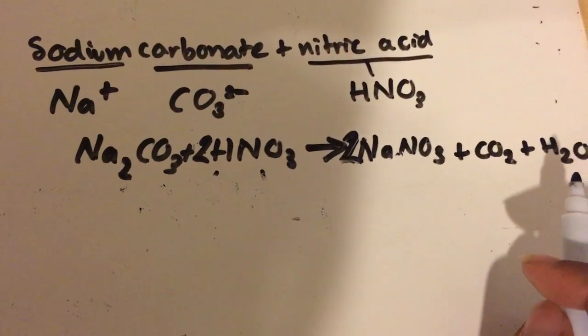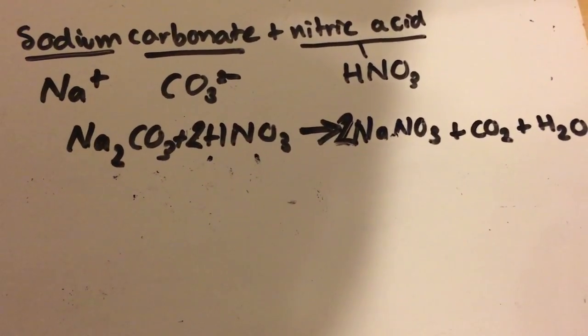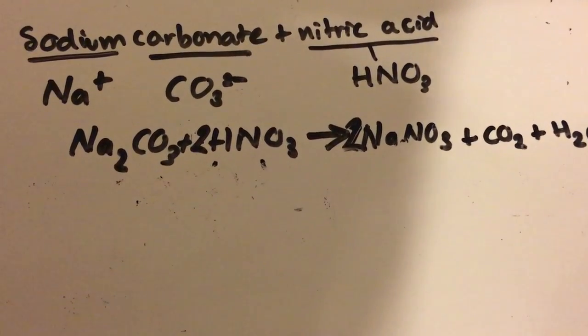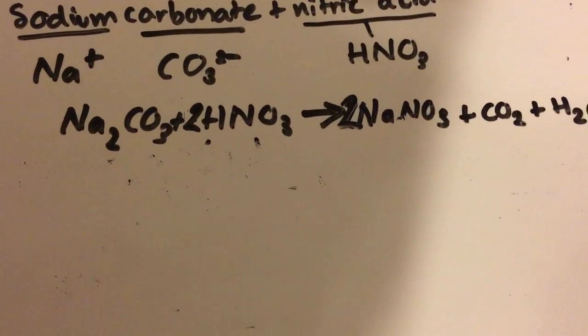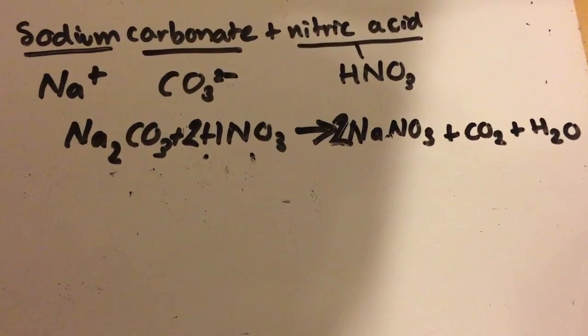So yeah, it's basically balanced, and we've already checked it with the rules and they definitely follow them. So this is the correct equation for the reaction between sodium carbonate and nitric acid.